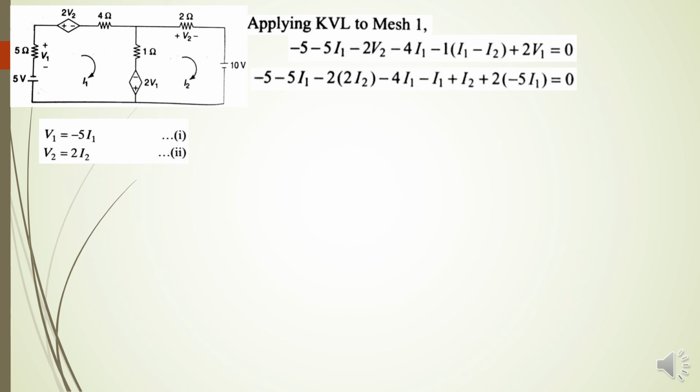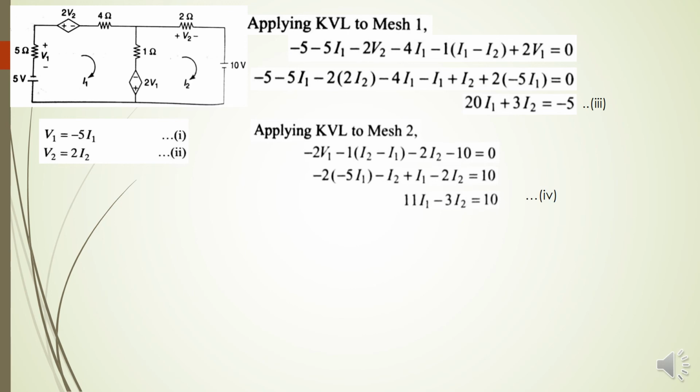Replace V2 with 2I2 and V1 with minus 5I1 and get equation 3. Then apply KVL to mesh 2 in the same way so that you will get equation number 4. Now solve equations 3 and 4 simultaneously to get the values of I1 and I2. This is your final answer for the numerical.